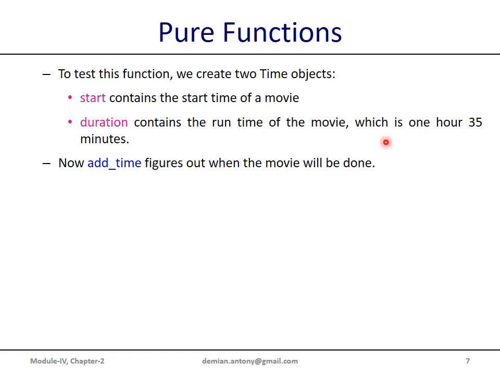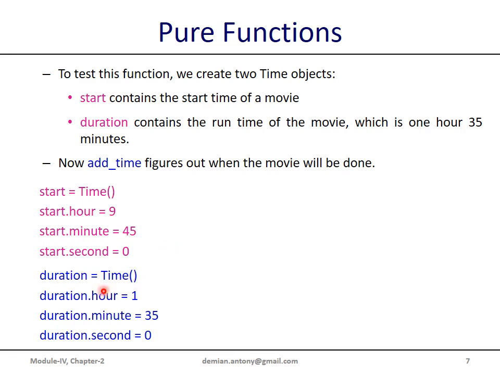So let us figure out when the movie will be done. We first create a start time object. We initialize the movie starting time by assigning the values. Now we define a duration. We create one more object called duration and we assign the movie duration as approximately 1.5 hours.